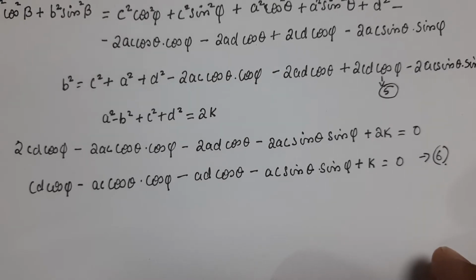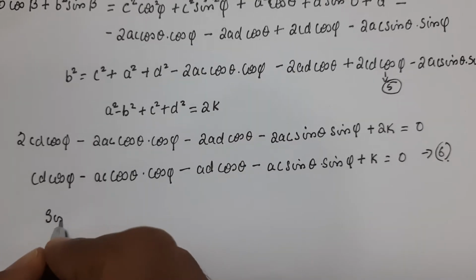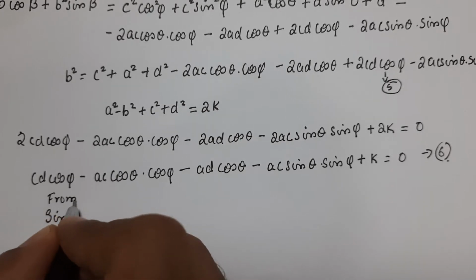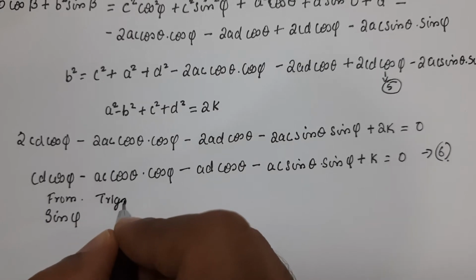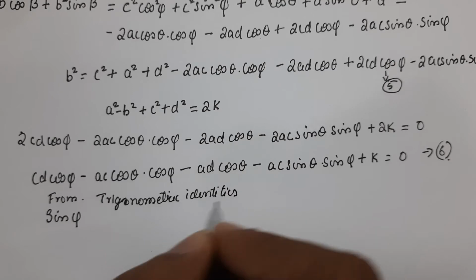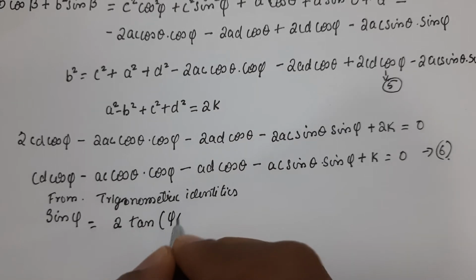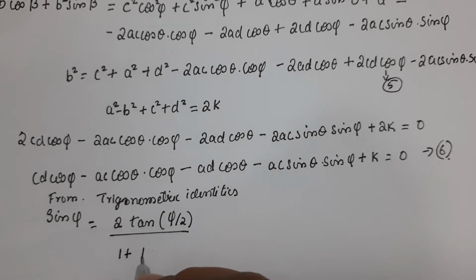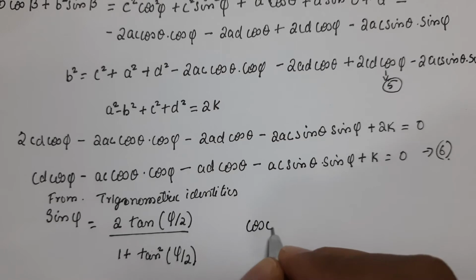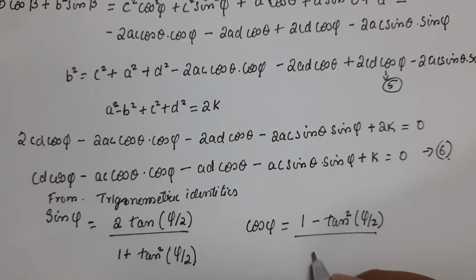Okay, now from trigonometric identities, we can write down sin phi as 2 tan phi by 2 divided by 1 plus tan square phi by 2, and similarly cos phi is equal to 1 minus tan square phi by 2 divided by 1 plus tan square phi by 2.